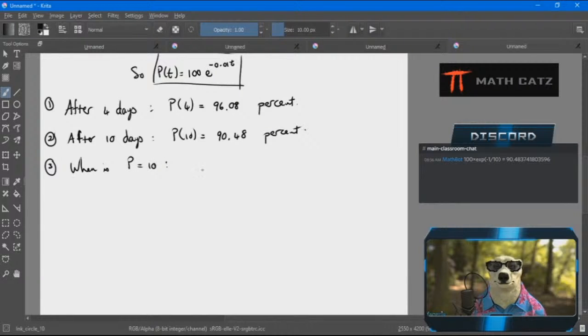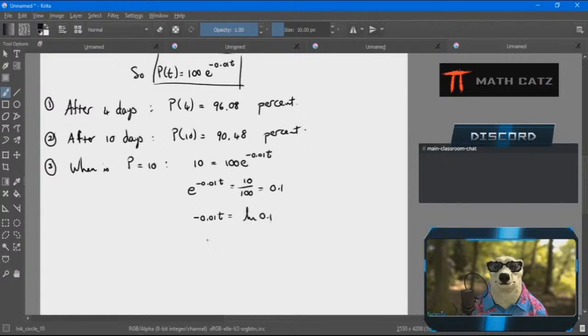Well, that is going to be when I plug in 10 for P and I solve for T. So e to the -0.01 t is therefore 10 over 100, or 0.1. So -0.01 t is the natural log of 0.1. So t is natural log of 0.1 over -0.01. Let's see when that happens.